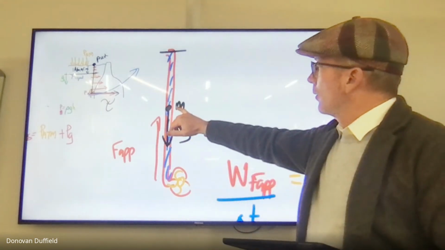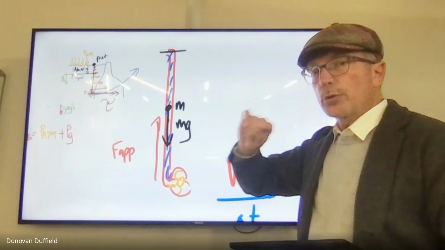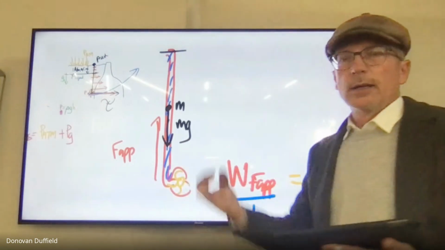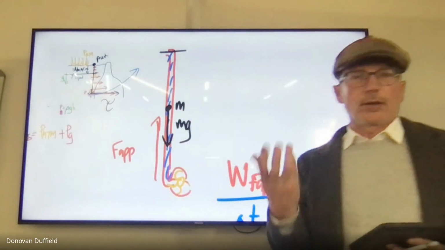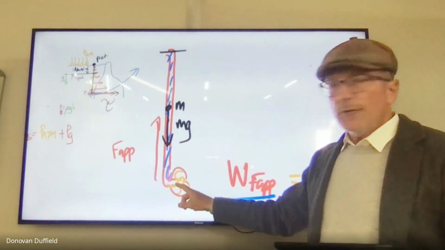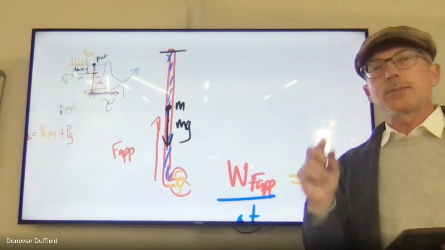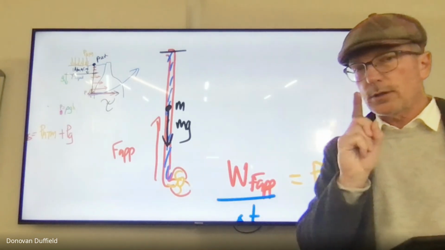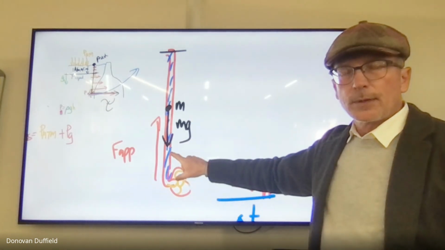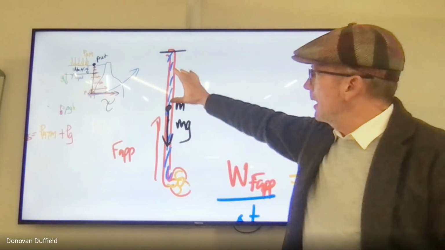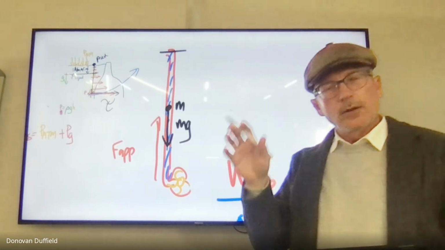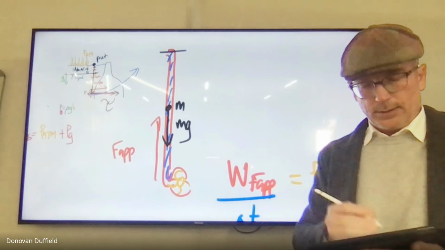Then the force of gravity is obviously the weight. So this column of water is pulled to the center of the earth by the gravitational field. So the weight is mass times gravity. If you're going to have a pump that is pumping the water at a constant velocity, then the force applied by the pump on the water must be equal in magnitude to the weight. Otherwise, you would get an acceleration.